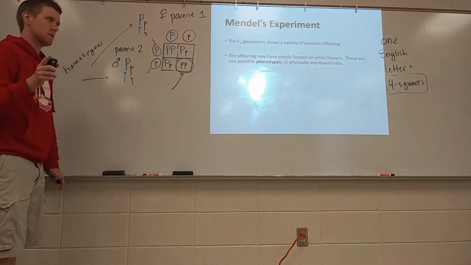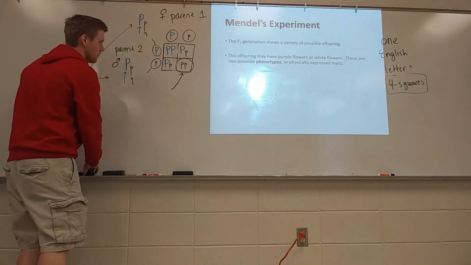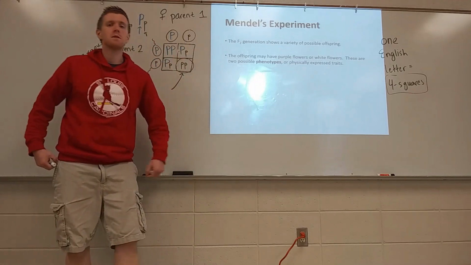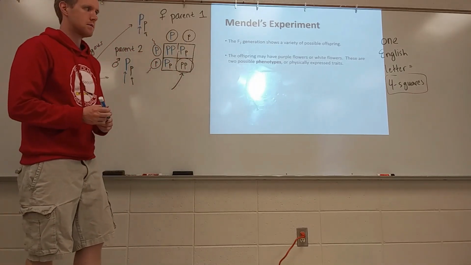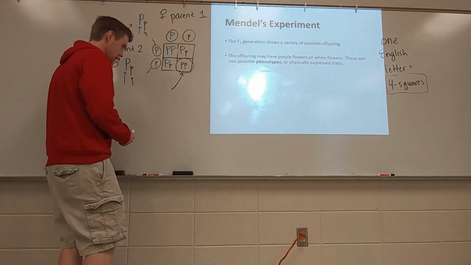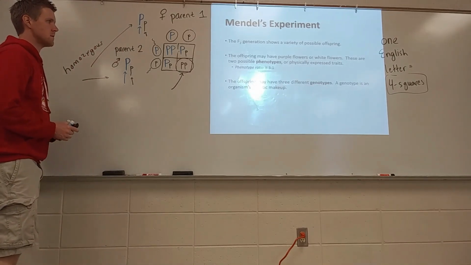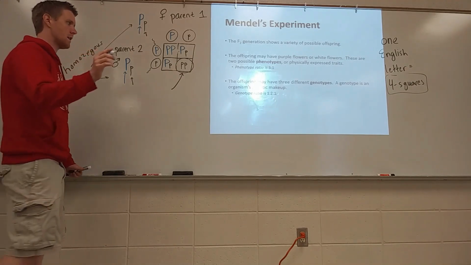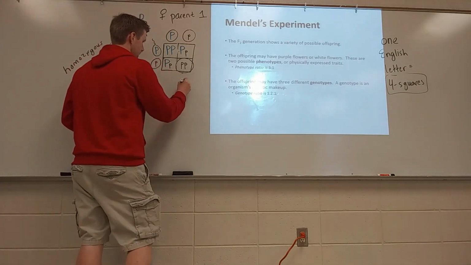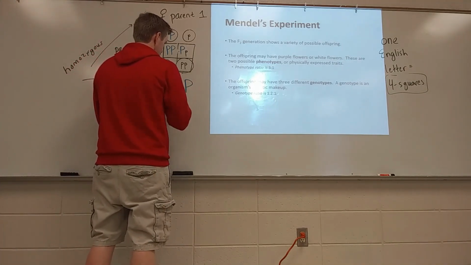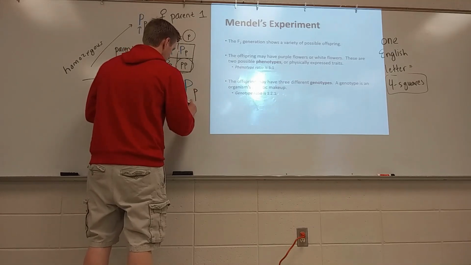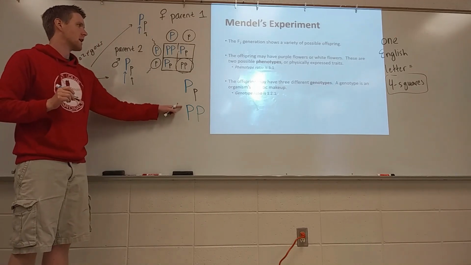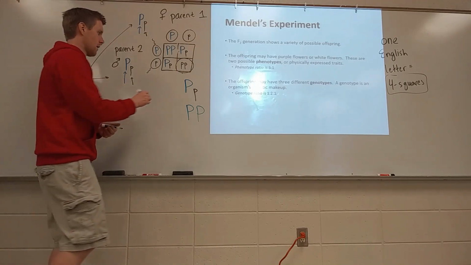Couple of terms to note: genotype versus phenotype. Phenotype is an organism's physically expressed trait. Genotype is an organism's actual genetic makeup. And here's a way to really distinguish them. These two hypothetical pea plants have the same phenotype, right?